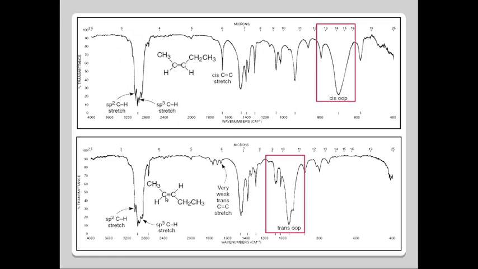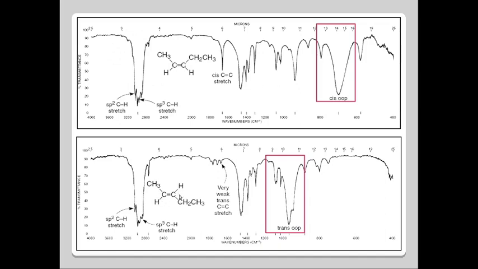Whereas if you have a trans configuration here, then in addition to the bands we see here, we see a very weak band here due to the carbon carbon double bond stretching vibration of an ethylene system in a trans configuration.